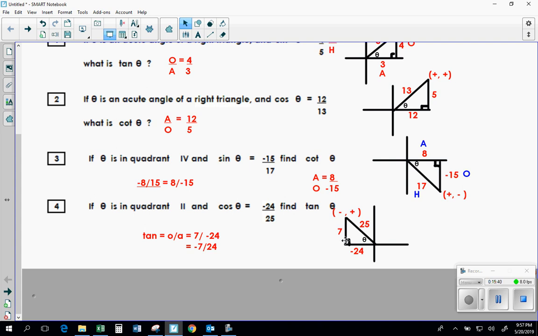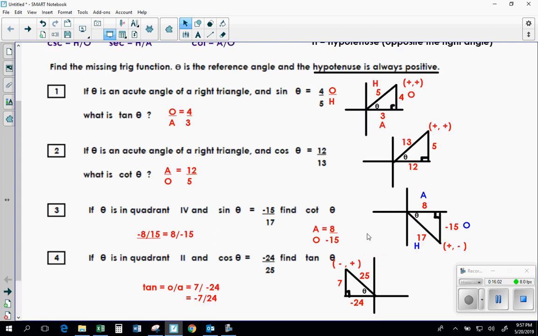So if you're doing that, you need to draw your XY coordinate plane to make sure you're drawing a quadrant 2 triangle. Next thing, the biggest error is that people forget to put the correct signs on these two sides. X has to be negative if it's in quadrant 2, Y has to be positive. If it's in quadrant 4 up here, obviously X is positive and Y is negative. So again, if you're having trouble with that, I suggest you write out those signs right there so you have something to check it.